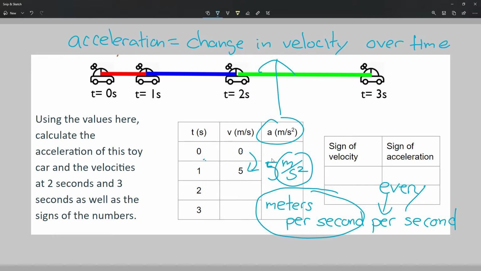So if my acceleration is 5 meters per second squared, that means my velocity changes by 5 meters per second every second. What's my velocity the next second? You add 5 more meters per second, you get 10. If my acceleration is still 5 meters per second squared, my velocity is now 15.